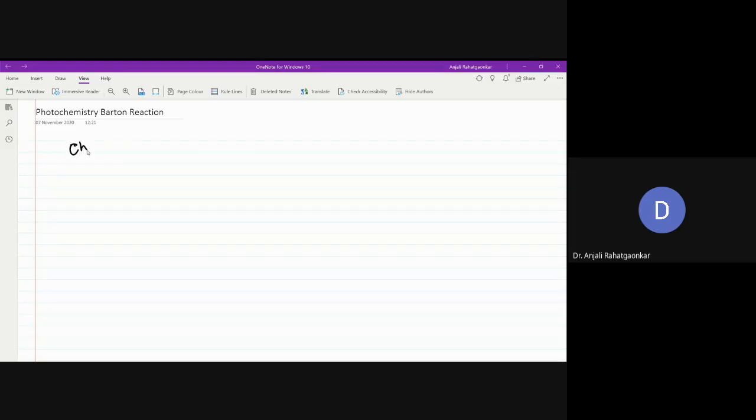So the characteristics are, the first thing, this is an intramolecular rearrangement reaction. Whatever rearrangements take place over here, it is within the molecule.